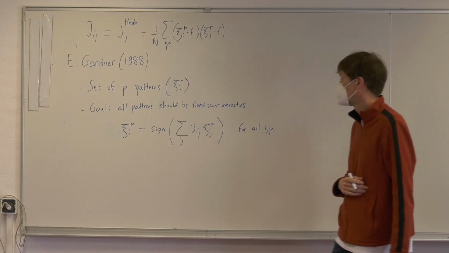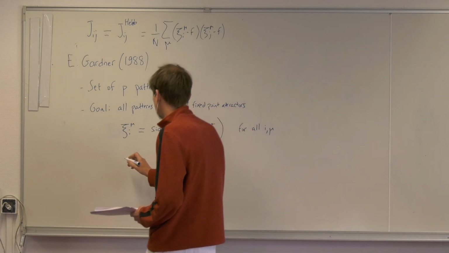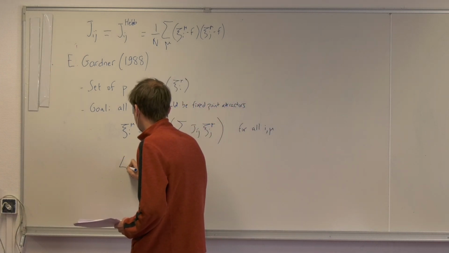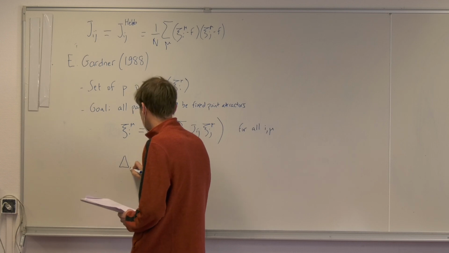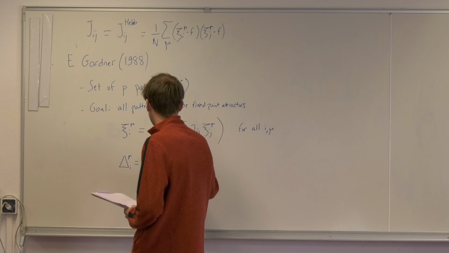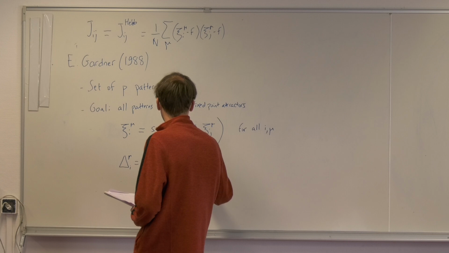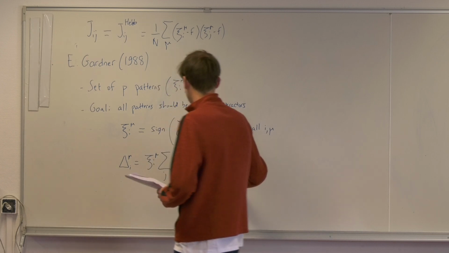In fact, we can rewrite these constraints by defining a parameter delta I mu, which is equal to psi I mu times the sum over j of J_ij psi j mu.